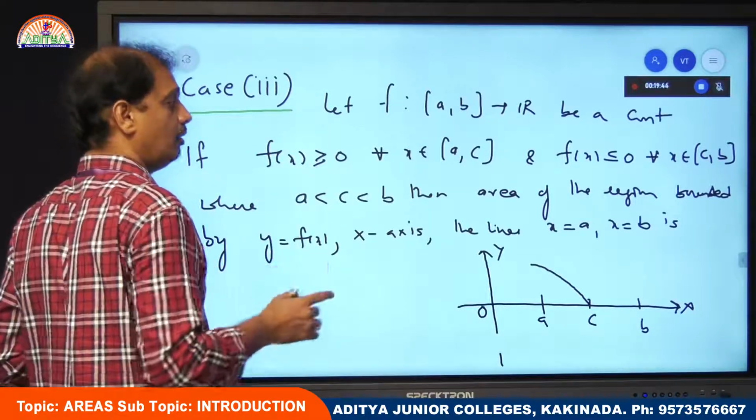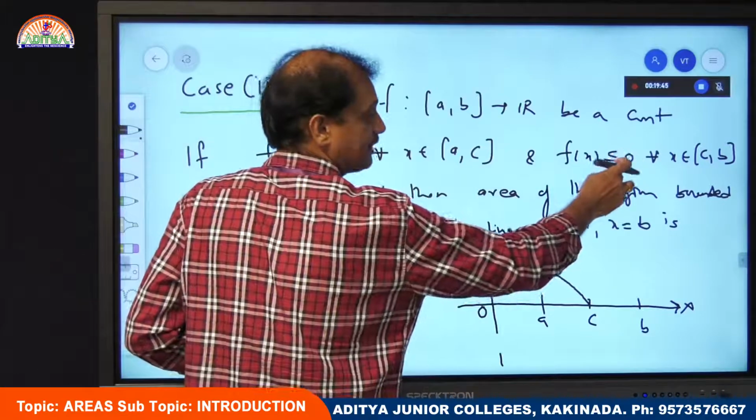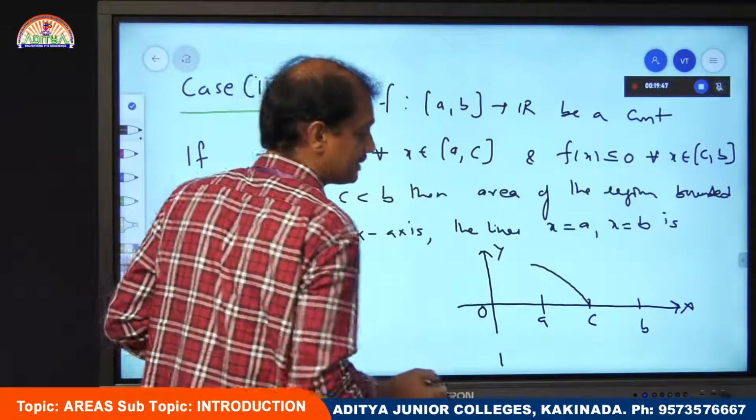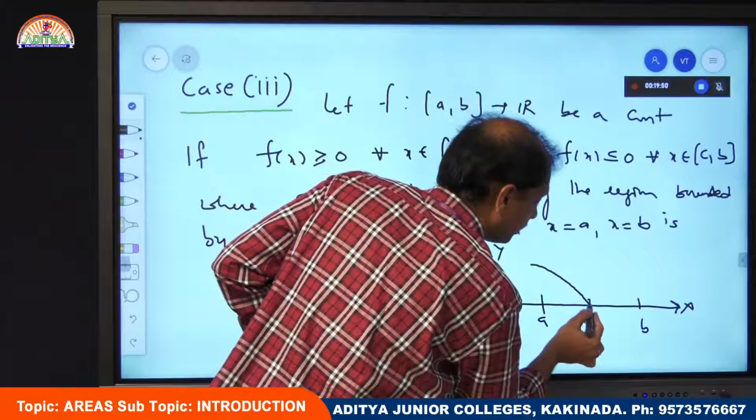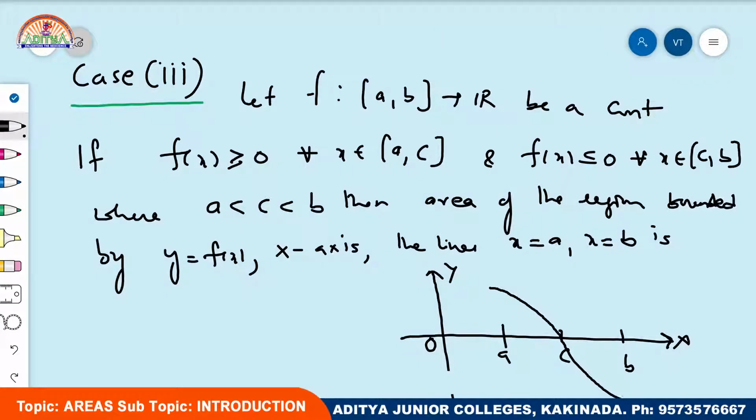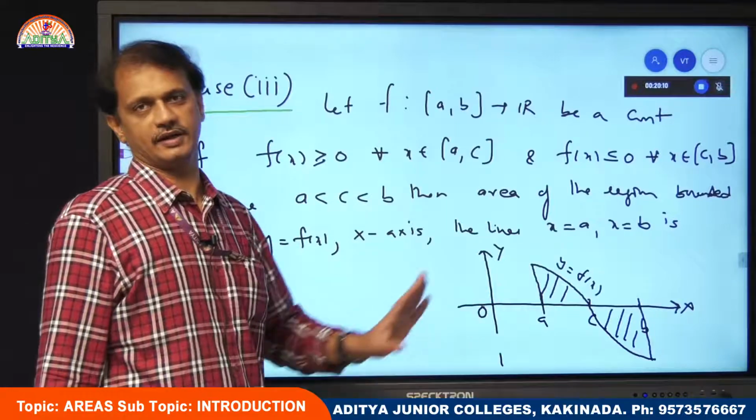Okay. Now coming to the second case, f of x is less than or equal to 0. That means the graph of that one will be like this. Here is the bounded region. Now this is our y is equal to f of x. Now how can we calculate the area of this bounded region?